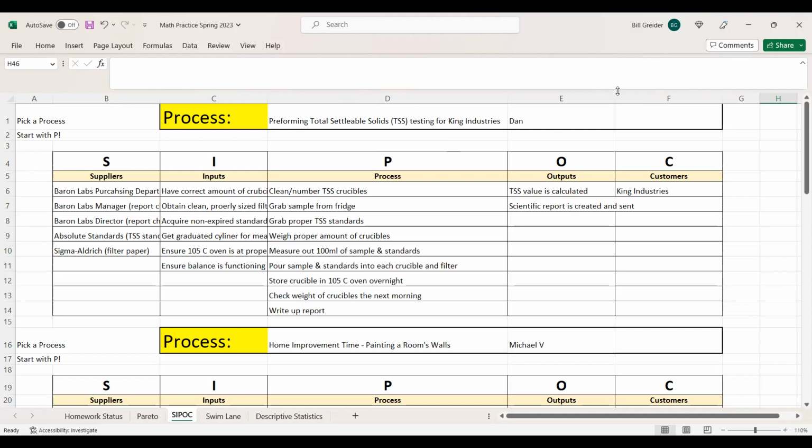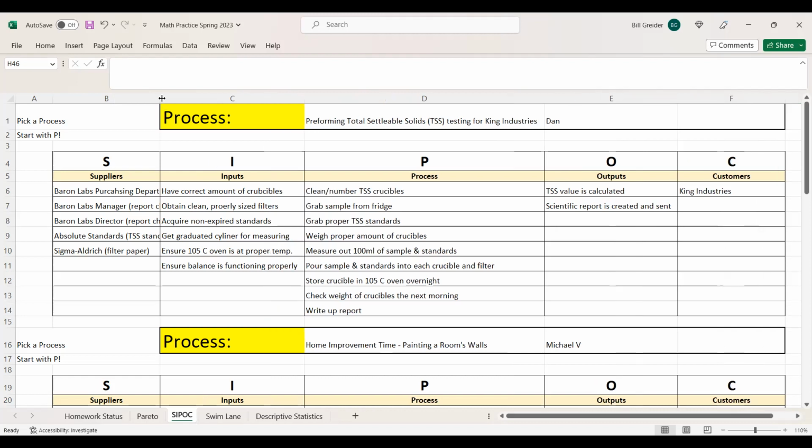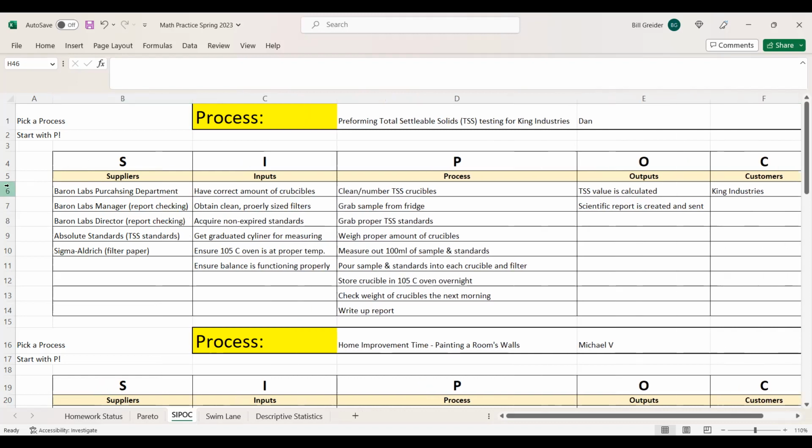Yeah, sure. So this is total settleable solids, which is a test we do specifically for, in this case, King Industries when they bring in their quarterly or semi-quarterly wastewater samples that need to be aligned with their permit requirements.